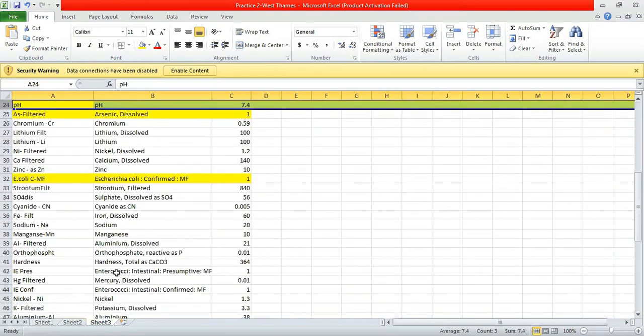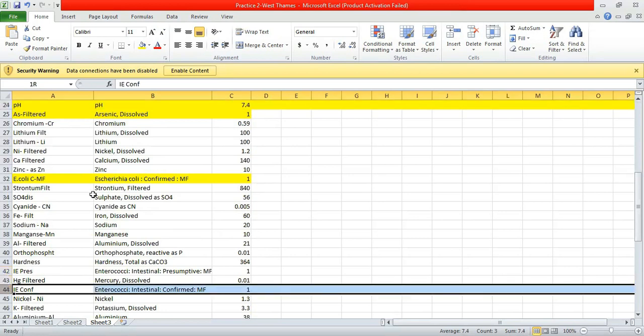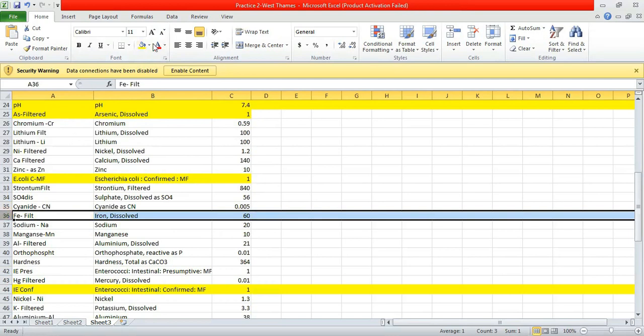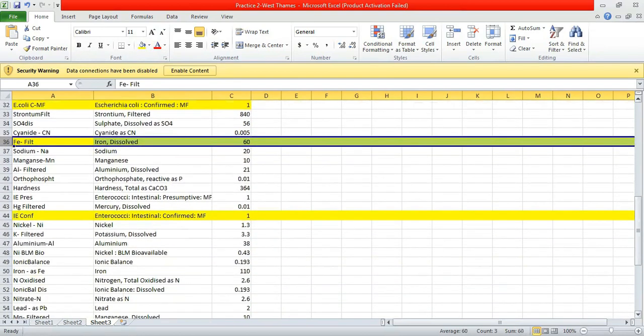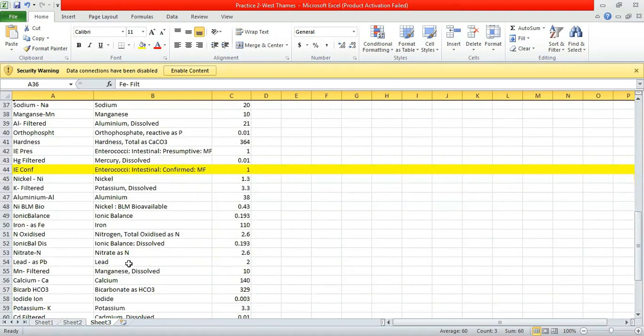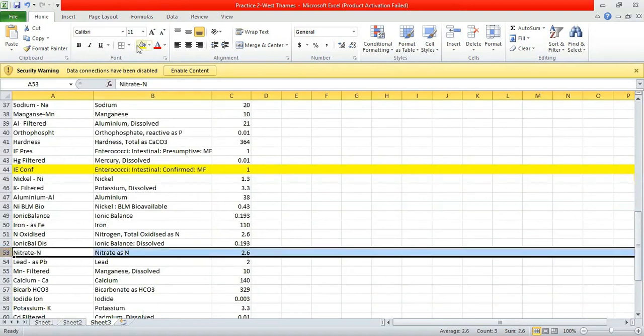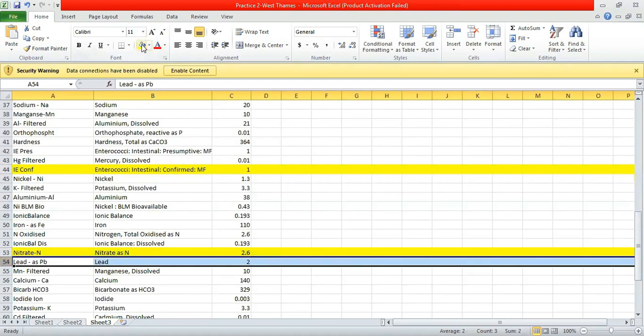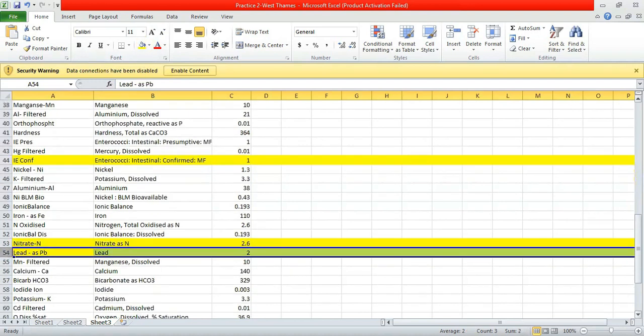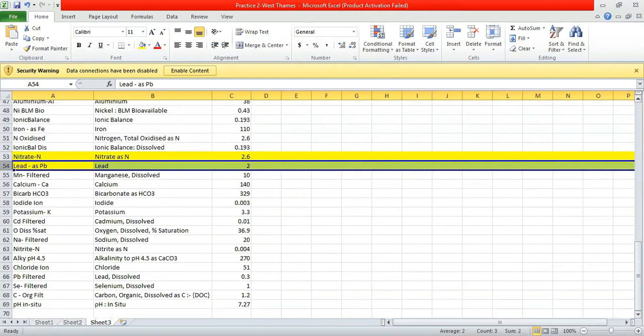Okay, we need this confirmed, EI confirmed, yeah, antioxidant. We need iron, yes. So this is what we are looking for. Okay, we need nitrates and these. Okay. So this is how we want.